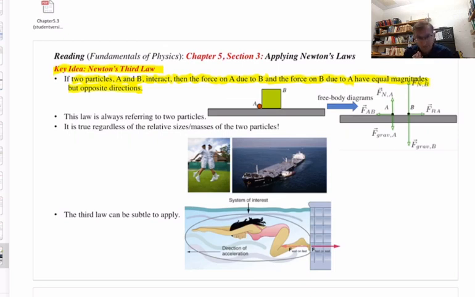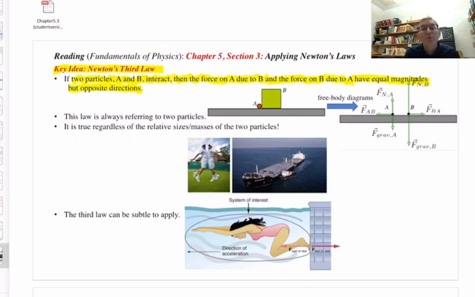They are touching, some of their atoms are coming together. We'll call that an interaction. So that there's going to be a force on one due to the other. There'll be a force on the marble, A, due to its contact with the cube, B, and there'll be a force on the cube, B, due to its contact with the marble, A.